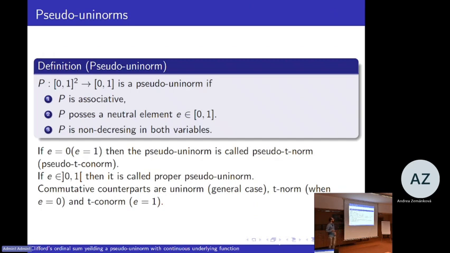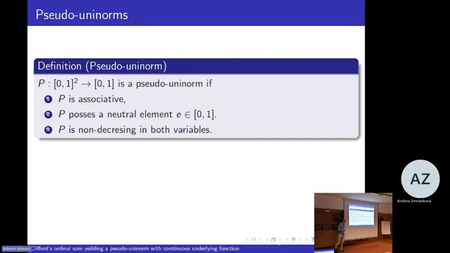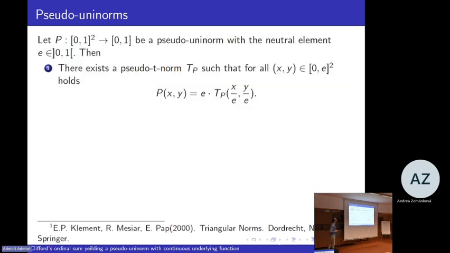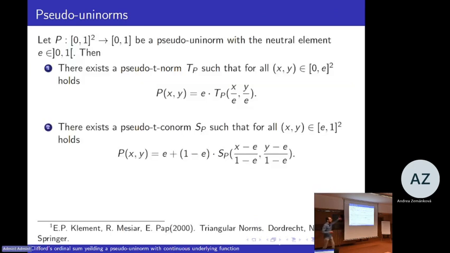So the obvious fact is that when commutativity is assumed, we obtain a uninorm. No, the wrong direction. The basic setup is pretty similar to the uninorm.